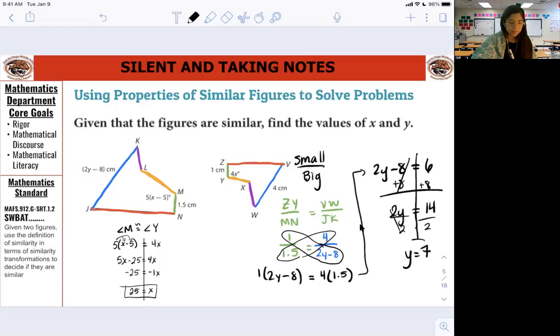Y equals 7. How do we feel about this? Any questions? It would be harder, but it's actually pretty easy. Yeah, it's really not too bad. The hardest part is, sometimes they'll give you problems that look hard. You just have to stay organized, make sure that you're setting up the right numbers in your equation, and be careful when you're solving.